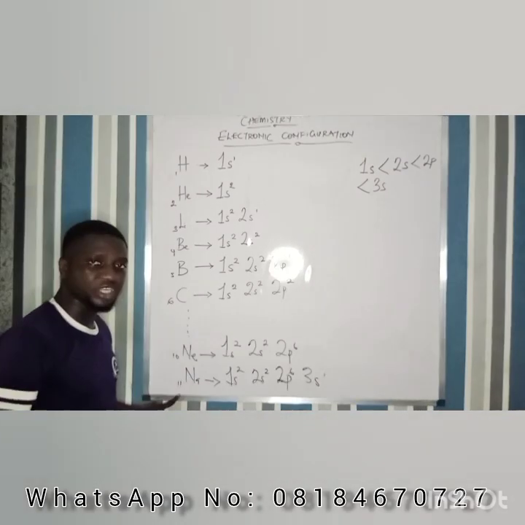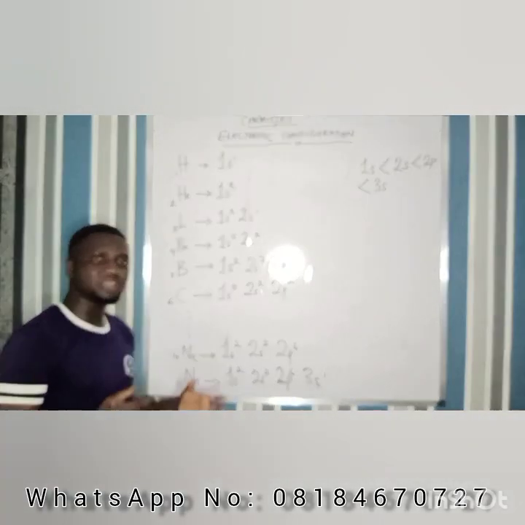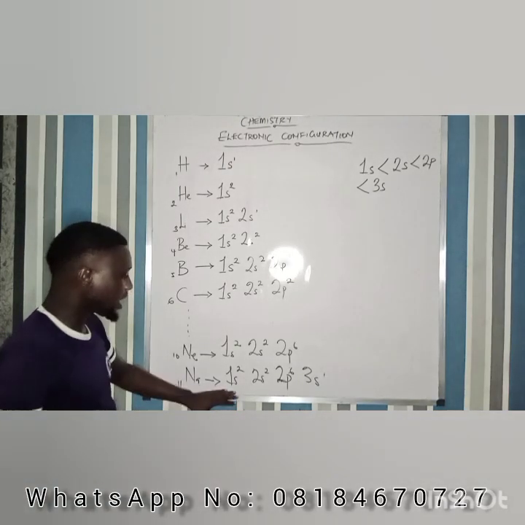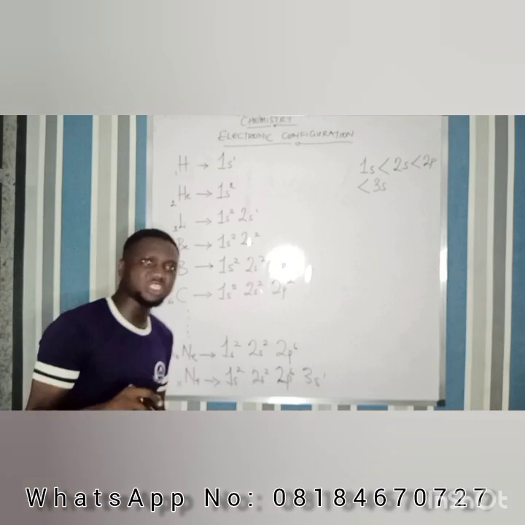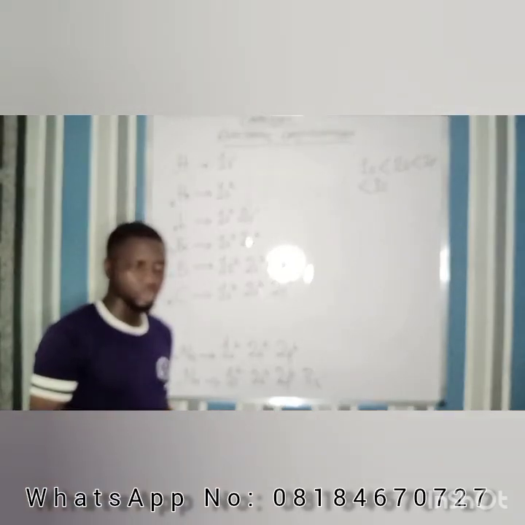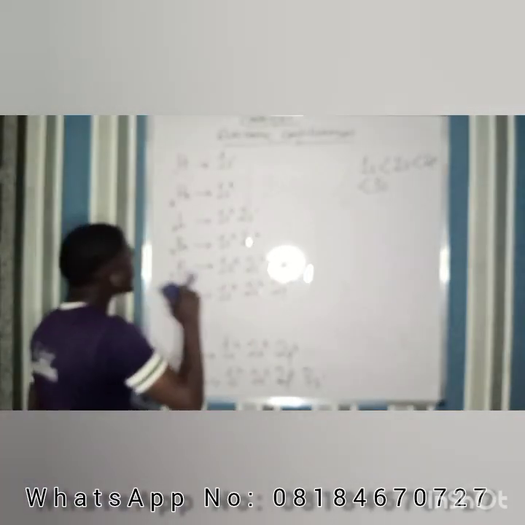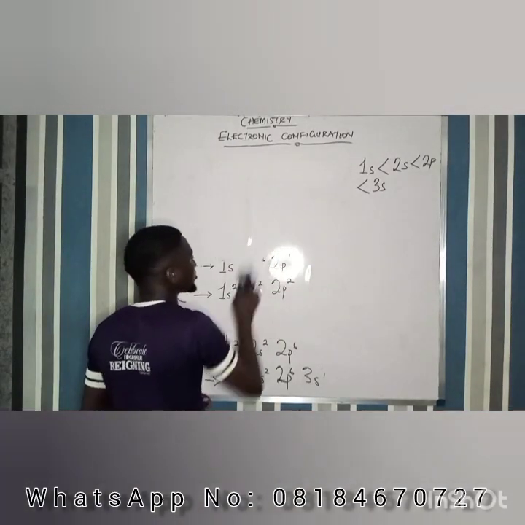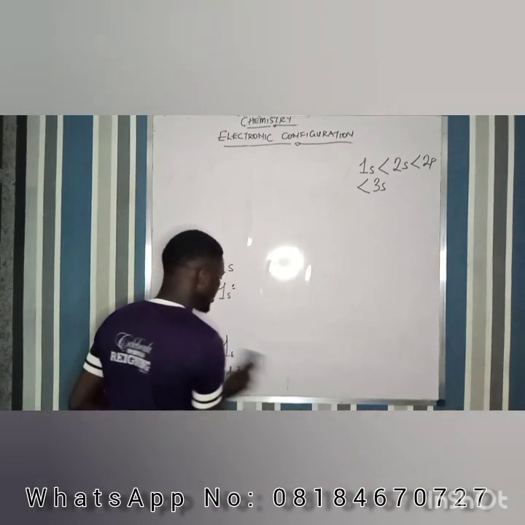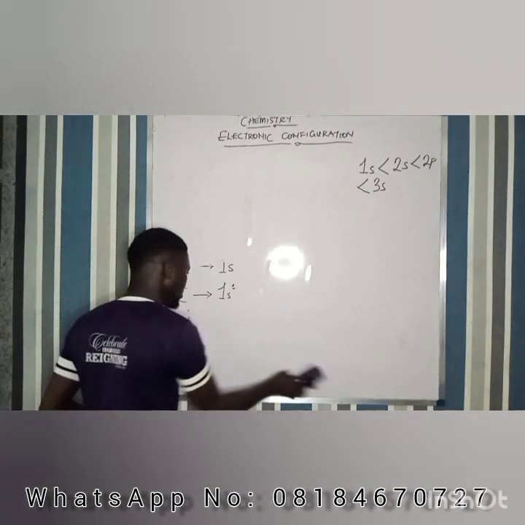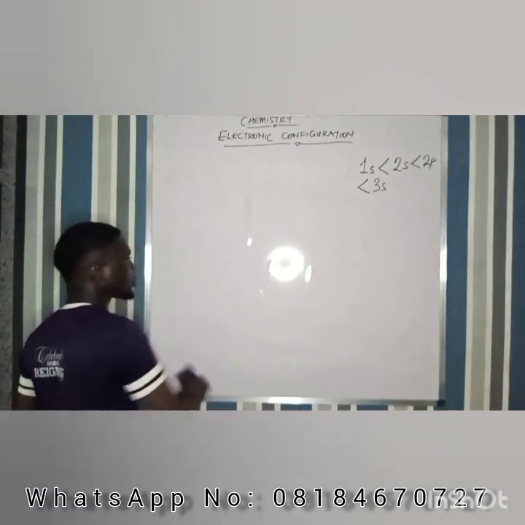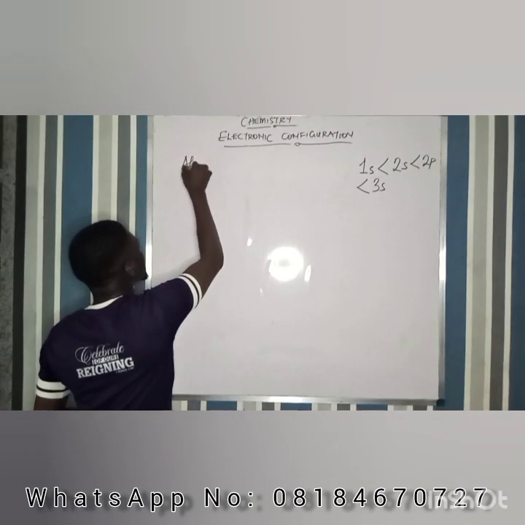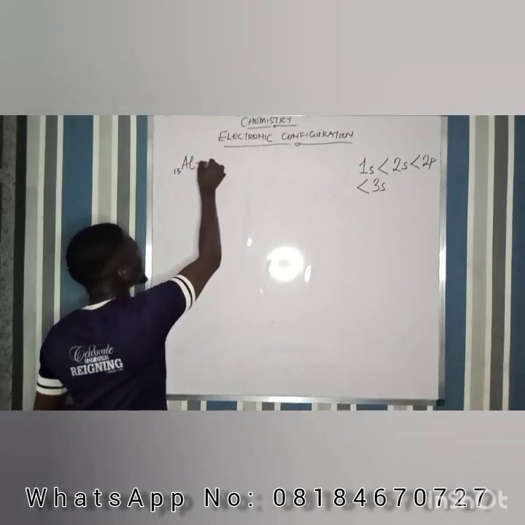Magnesium, which has the atomic number of 12, has 12 electrons for a neutral atom, and that will give you 1s2, 2s2, 2p6, and 3s2. So let's try aluminium, the next one. Aluminium has atomic number of 13.